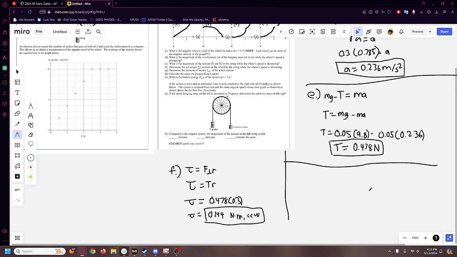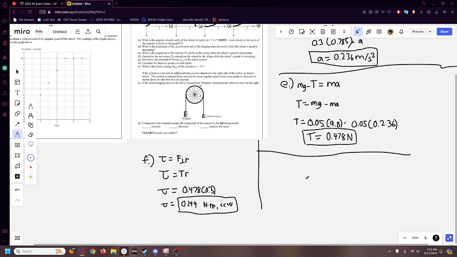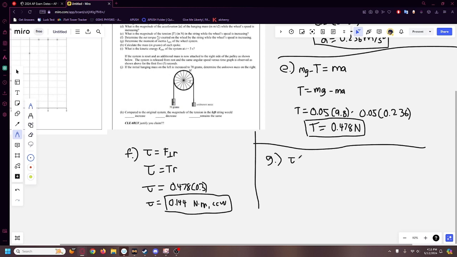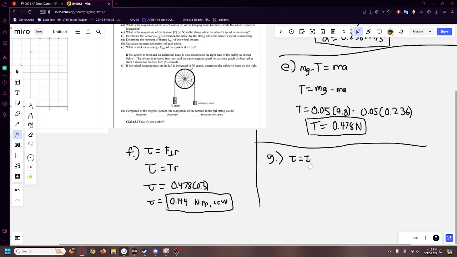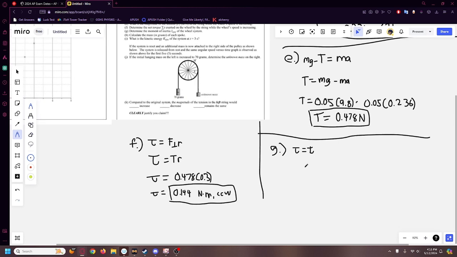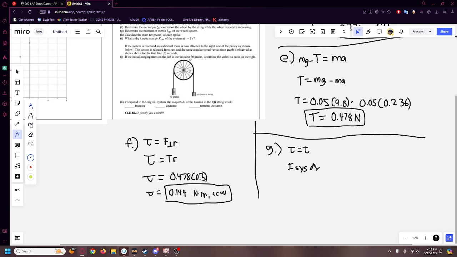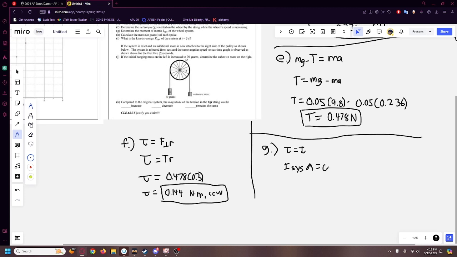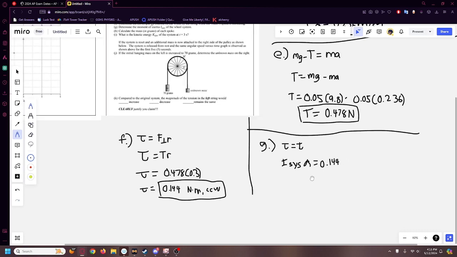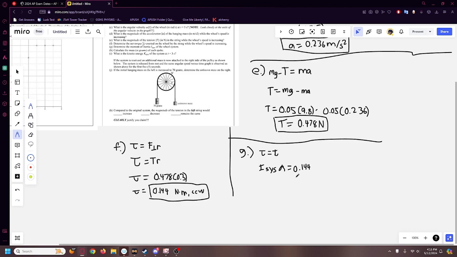Part G is asking for the inertia. So you set net torque equal to each other. So I alpha is equal to 0.144. Alpha is 0.785.